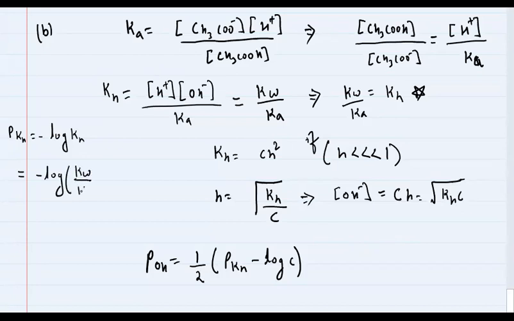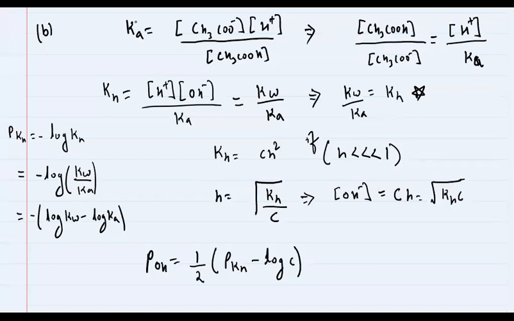Kw by Ka. Now, log A by B is equal to what? Log A minus log B, right everyone? So it is minus log of Kw minus log Ka.